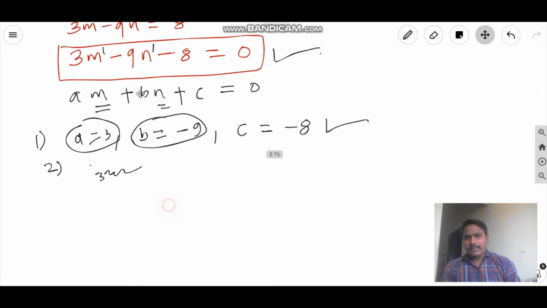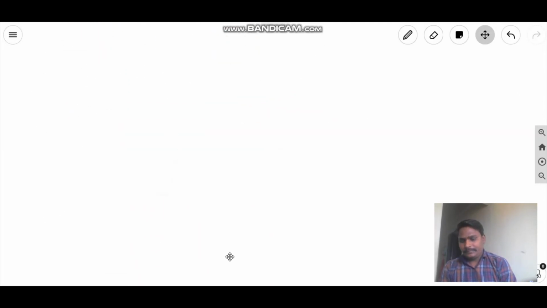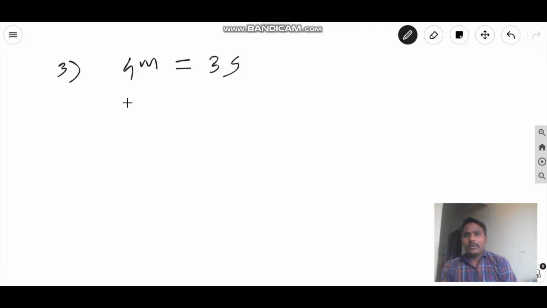Now again we will see another example. Suppose the third example is 4m is equal to 3s. What can we write here? If we bring 3s to this side, it becomes minus 3s, is equal to 0. How will we write this? What is our standard form?